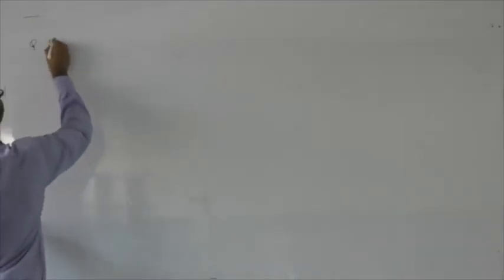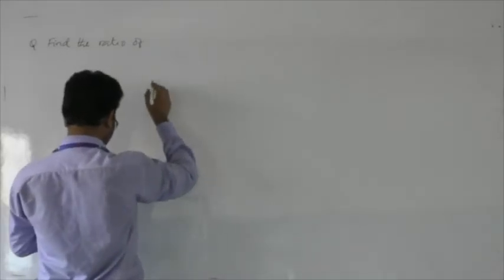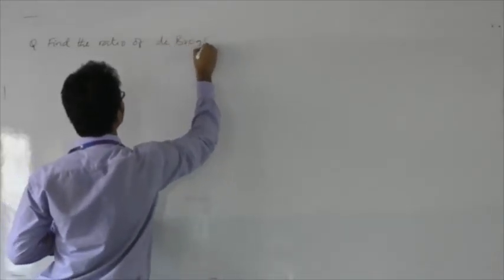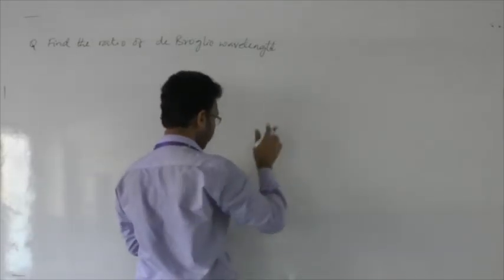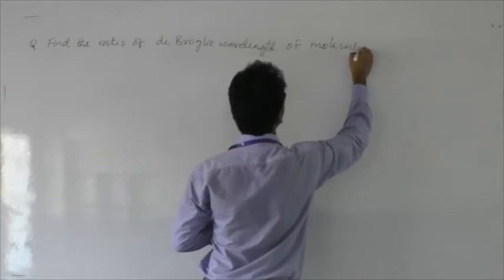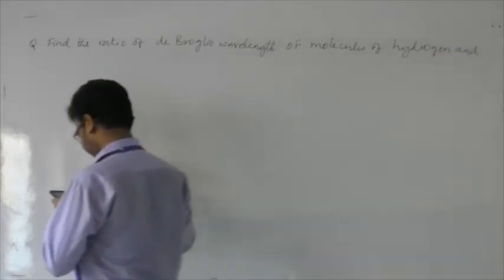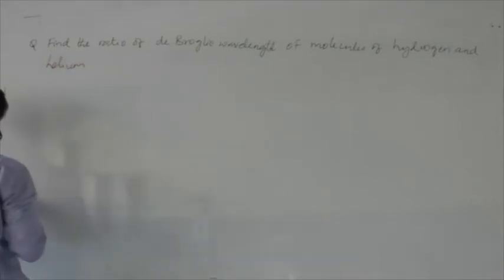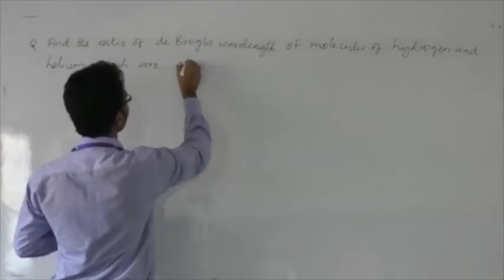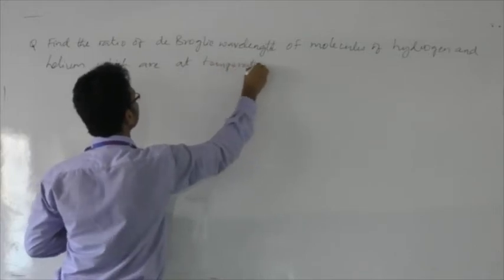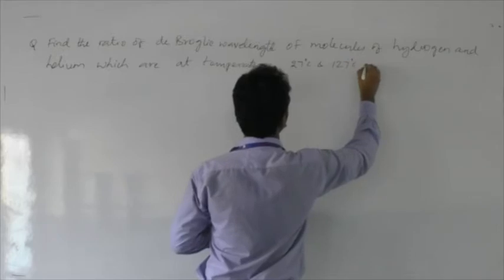Find the ratio of de Broglie wavelength of molecules of hydrogen and helium which are at temperature 27 and 127 respectively.